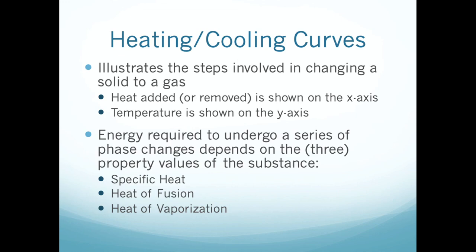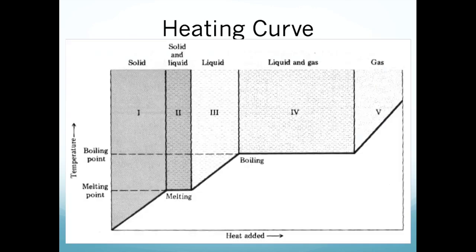The terms we're going to pay attention to here are specific heat, which we've already covered, but the two flat bits we're going to look at are the heat of fusion and the heat of vaporization. These are the heats associated with a change of phase. Heat of fusion is involved with a substance melting or freezing, and the heat of vaporization is involved with a substance boiling or condensing.